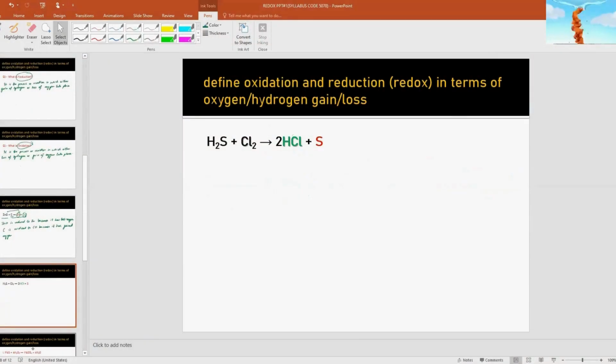Let's do this one. In this reaction, H2S has lost hydrogen to give S. Therefore, we can say that H2S has undergone oxidation. On the other hand, Cl2 has gained hydrogen to give HCl.